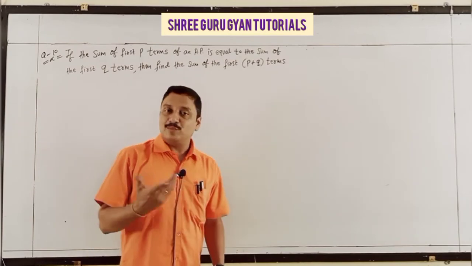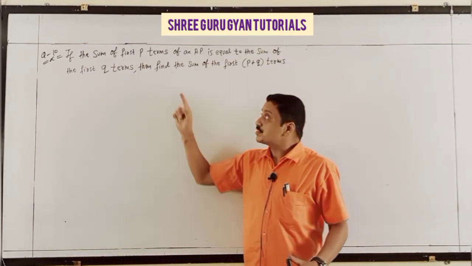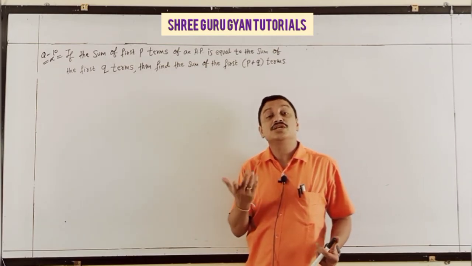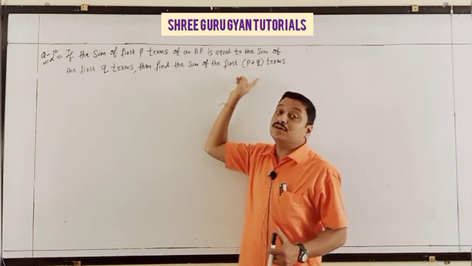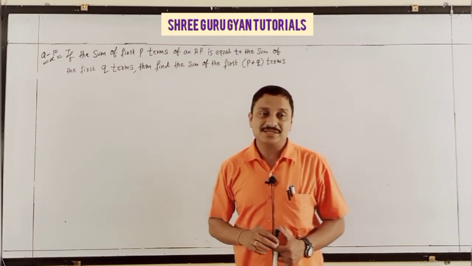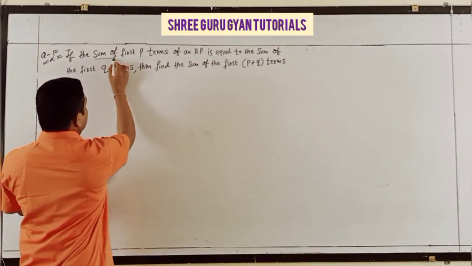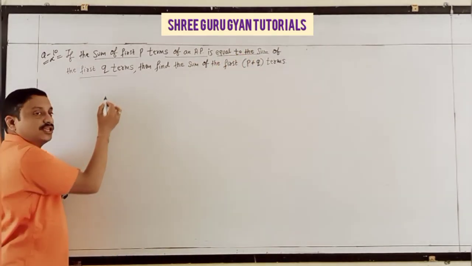Now, students, one more IMP question is coming. Question number 10. If the sum of the first p terms is equal to the sum of the first q terms, then find the sum of the first p plus q terms. Yes, it's very easy, students. I just start: the summation of first p terms of an AP is equal to the summation of the first q terms.